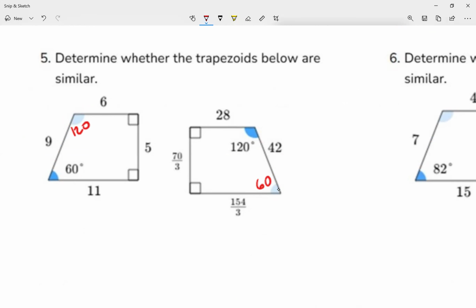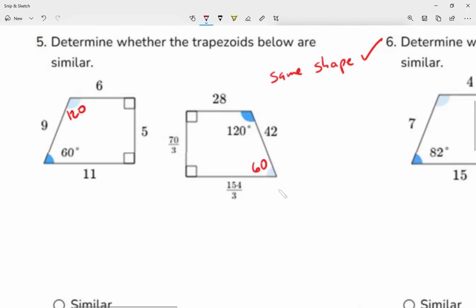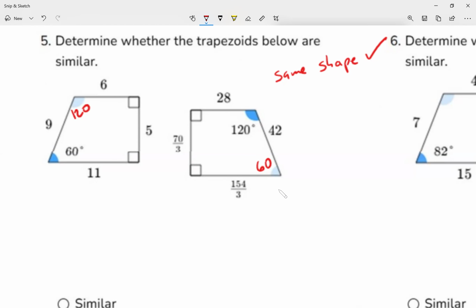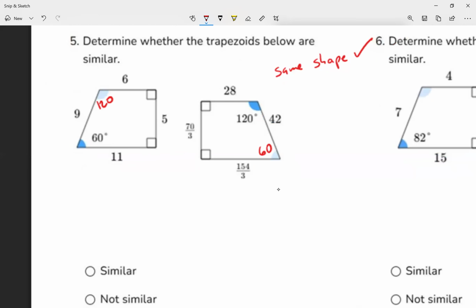So the first criteria, when it comes to same shape, I'm going to say check mark. The angles are the same. Now sides, oh, I can check it. I see there's more than one side on the figures. So let me go my numbers from small to large here, I'm going to be 5, 6, 9, and 11.